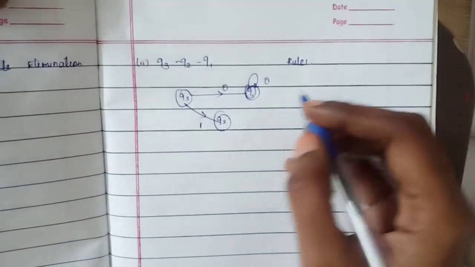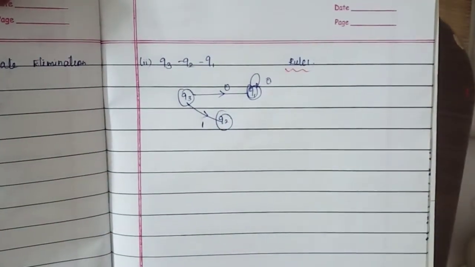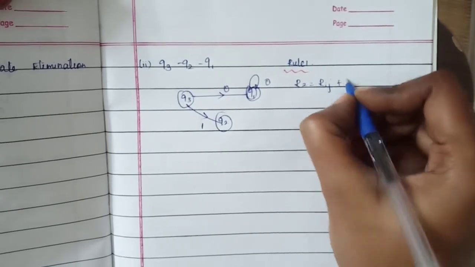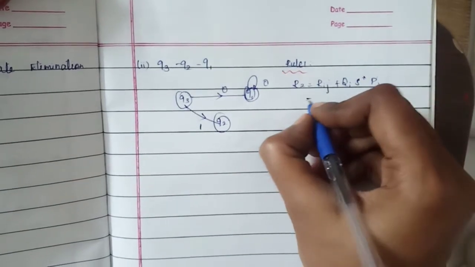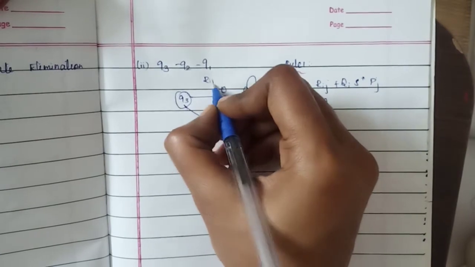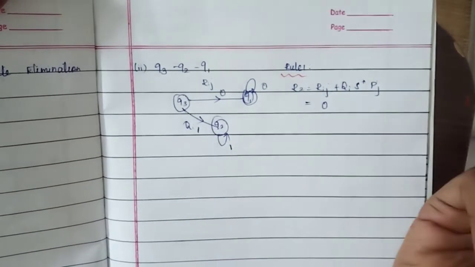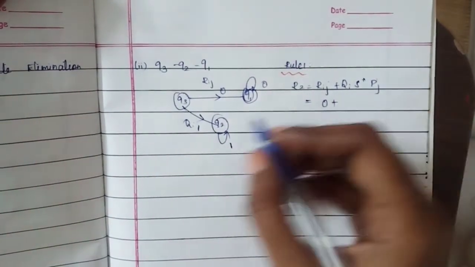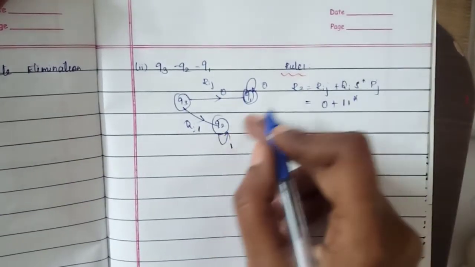Now, as per rule 1, we apply rule 1 here also. R2 equals Rij plus Qi S closure Pj. What is Rij? This is 0. Here Qi is 1, the closure is 1 closure, and there is no Pj.